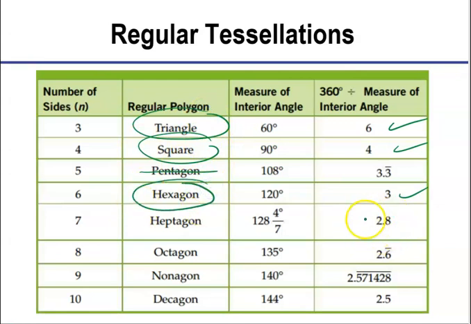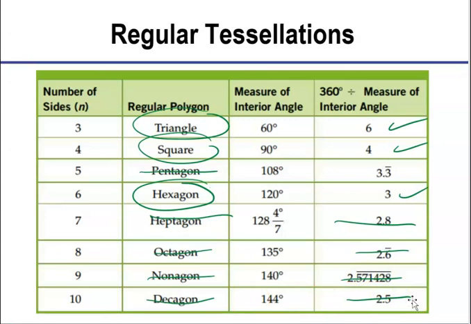Well, look, we didn't get a nice whole number here, so we couldn't use a heptagon to fill the plane either, because it didn't go through there enough a whole number of times. Look, 2.6. Octagon's out, nonagon's out, decagon's out. It's not going to work out.